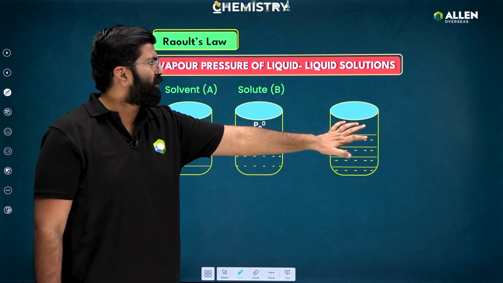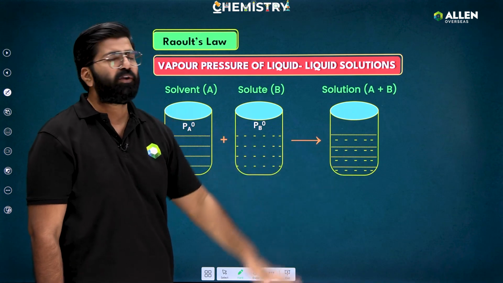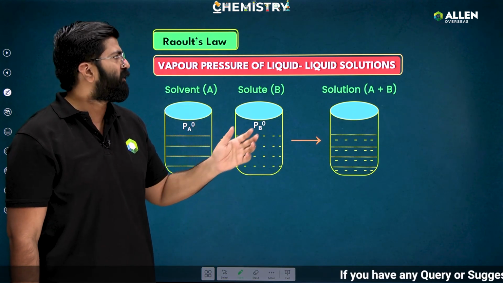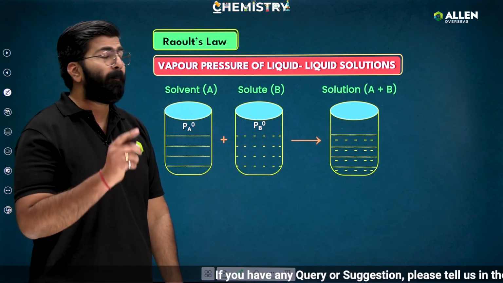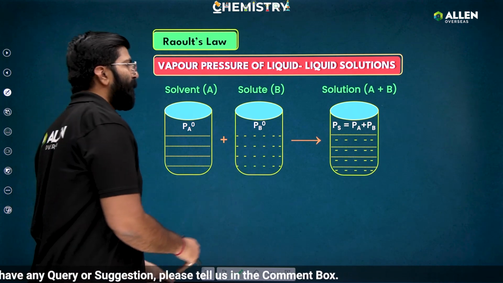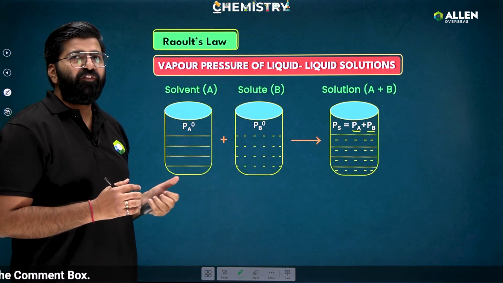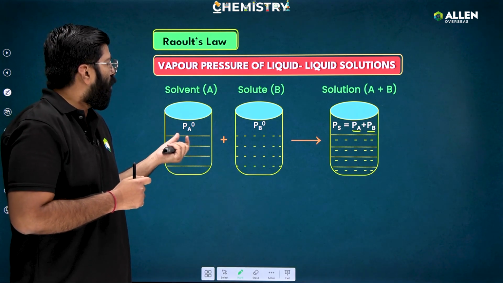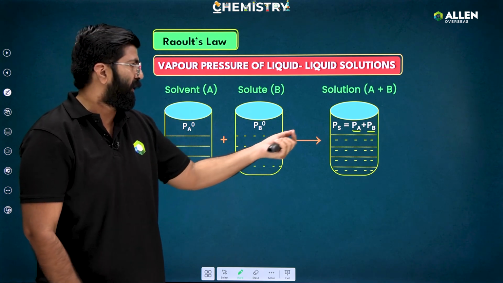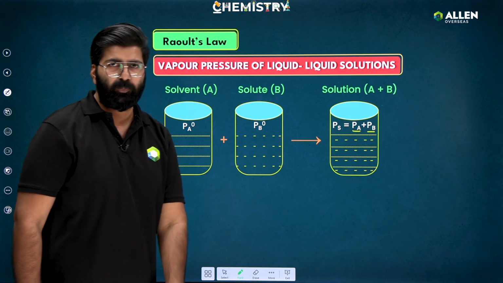This is the solution of both A as well as B. So the pressure of the solution we can write as PS, which will be the pressure of your A as well as your B. That's how I will write PS is equal to PA plus PB. PA naught signifies the pressure of your pure liquid A, whereas this is the mixture of A and B, that's why we are writing the vapor pressure as PA plus PB.